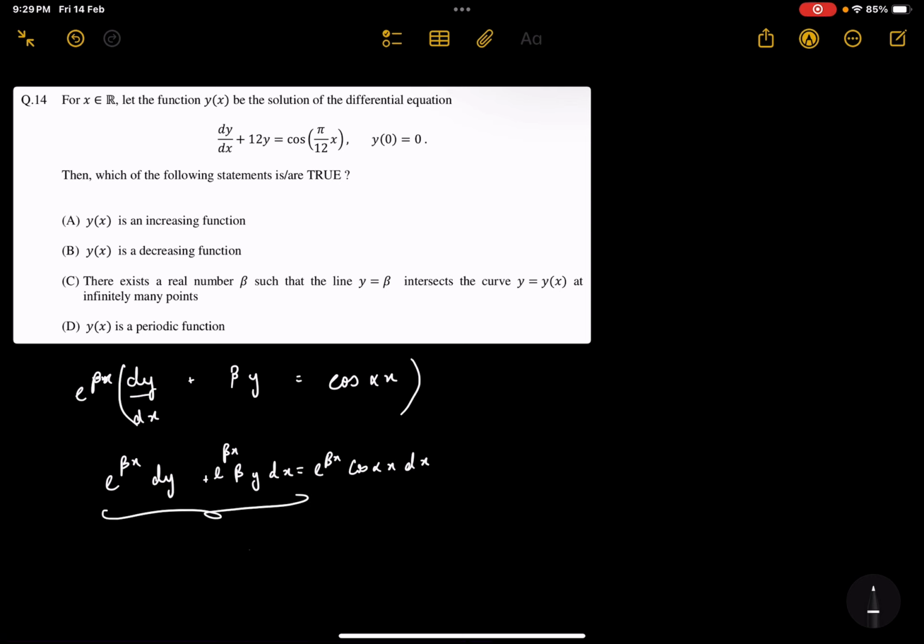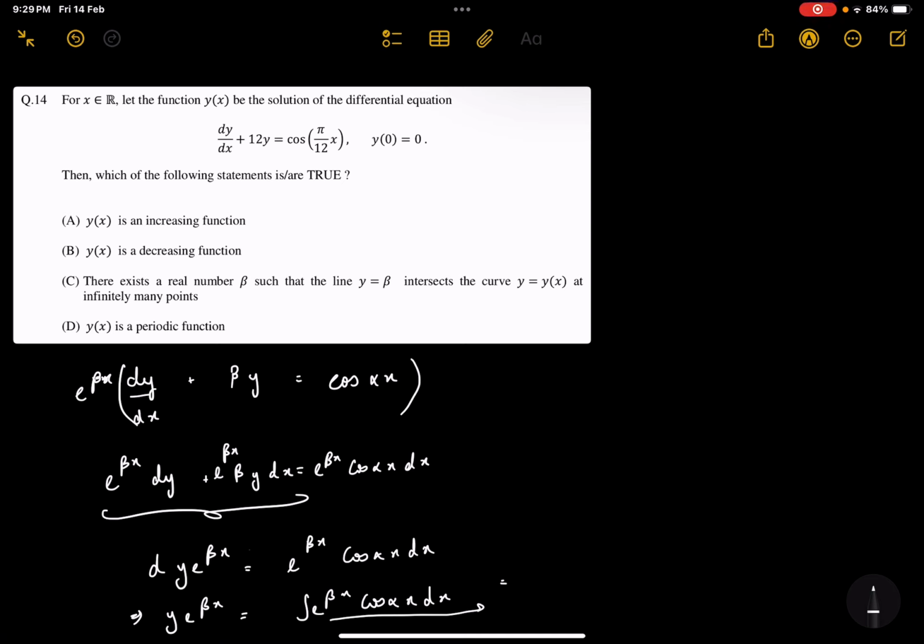So this becomes d(y e to the power beta x) equals, which gives me, we can evaluate this integral.